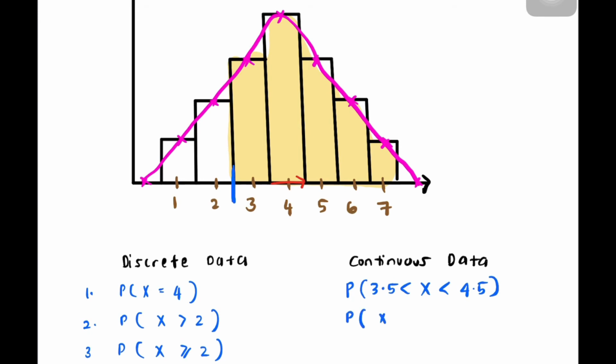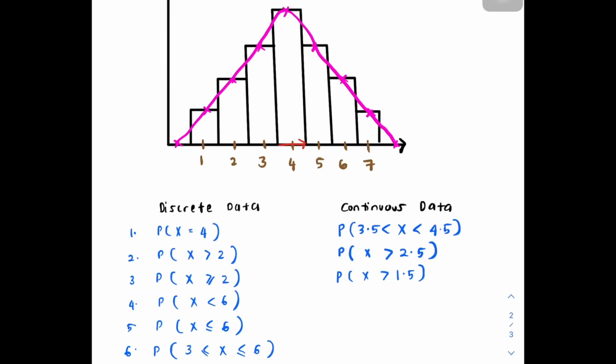So you can write P(x > 2.5). Alright, move to the third one. X is more than or equal to 2. You have included the 2 value, so this bar is also included. If you convert to the continuous data, this actually starts from 1.5. So you can have P(x > 1.5).